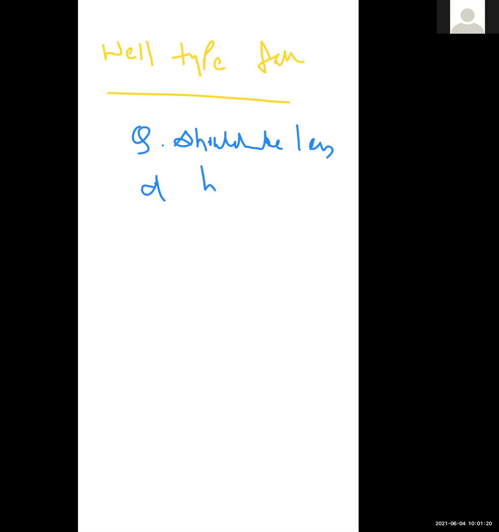Depth should be high. Okay. These are some important points regarding different canal falls.